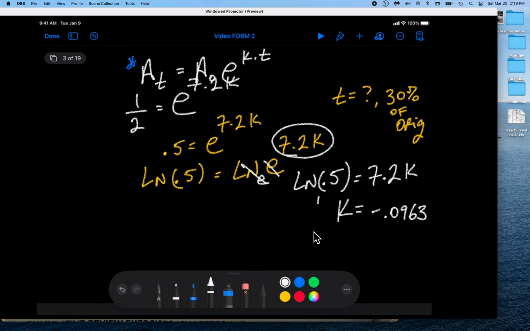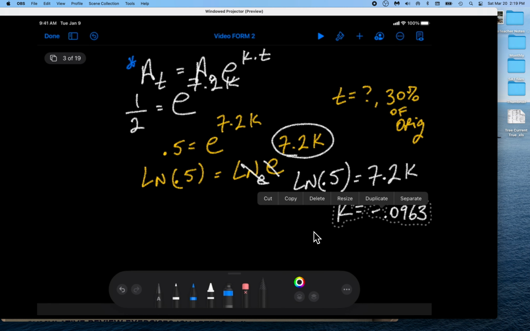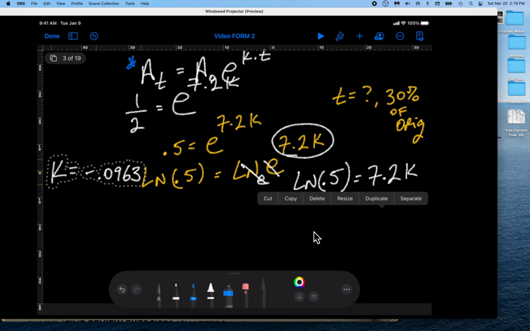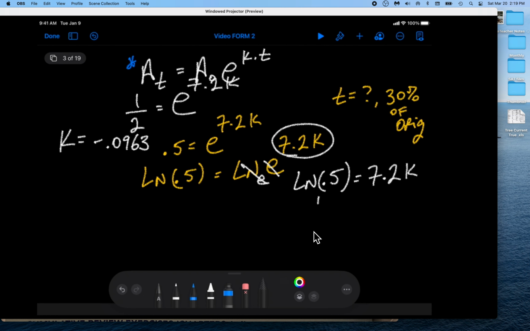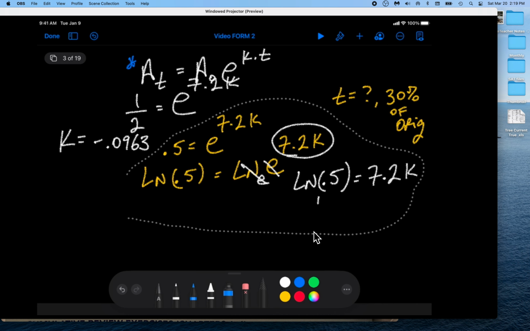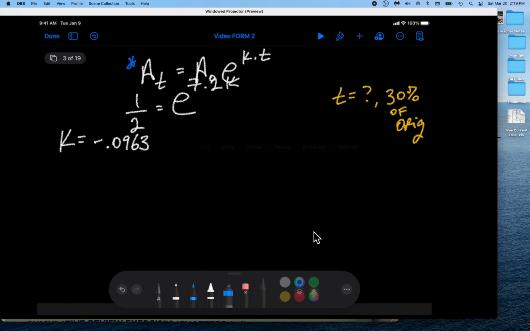Punch that in, divide by 7.2, and we get K equals negative 0.0963. Now, does that make sense that K is negative? Definitely. This is a decay problem. Okay. So now we plug the k back into the generic equation. So we take out all of this.